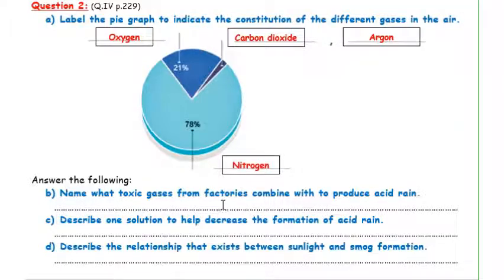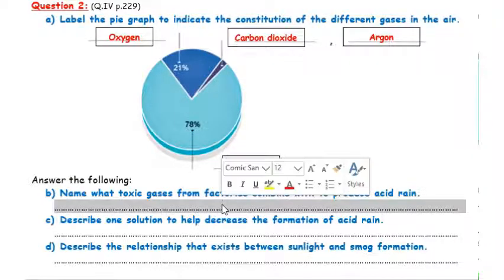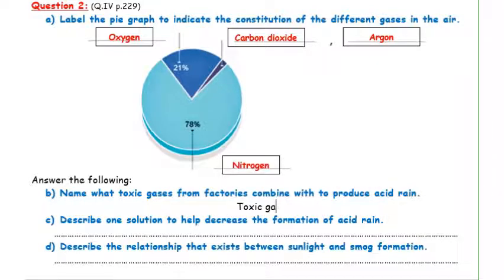These gases go into the air, up to the sky and combine with, good job, water vapor, or with the water found in the clouds. Then when it rains, the rain will be acid rain. Okay? So toxic gases combine with water vapor in the air.